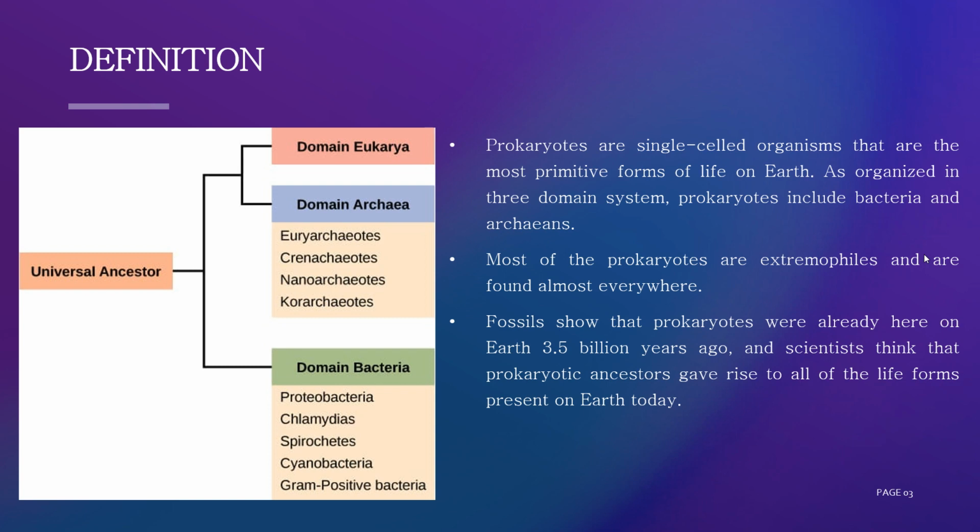Most of the prokaryotes are extremophiles. What are extremophiles? An extremophile is an organism that is able to live in extreme environments, with conditions like extreme pH, extreme salinity, extreme temperature.